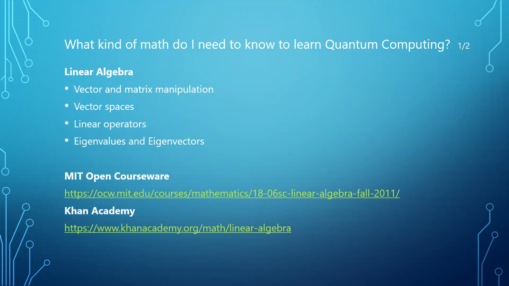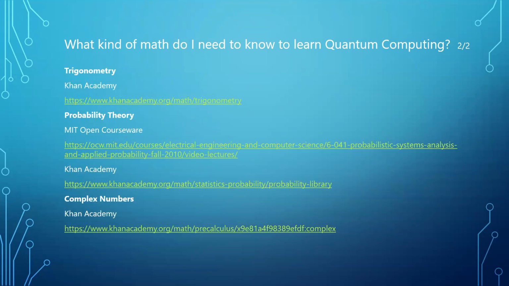I am sharing here a couple of great resources to get acquainted with linear algebra. They will also feel at home if they already know some trigonometry, basics of probability and complex numbers. And again, I'm sharing some resources if they feel the need to better understand these concepts before diving into quantum computing.